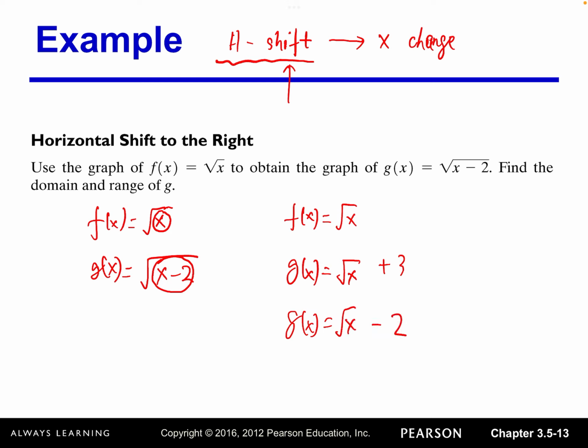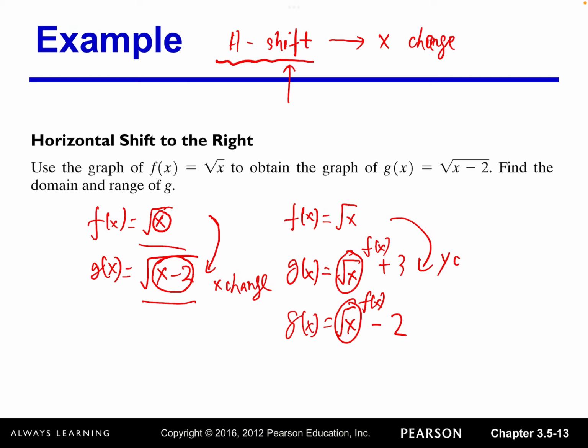This kind of change is the Y change because this is f of x outside. But in this one, it's inside the function, replacing x by x minus 2. Can you tell the differences? This is the X change. This is the Y change.